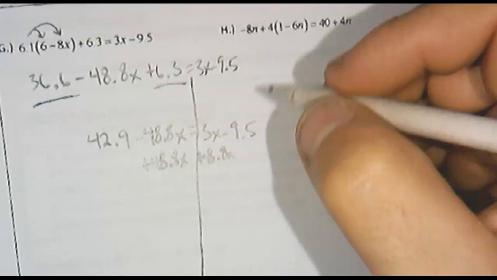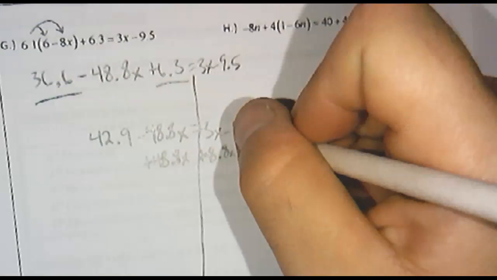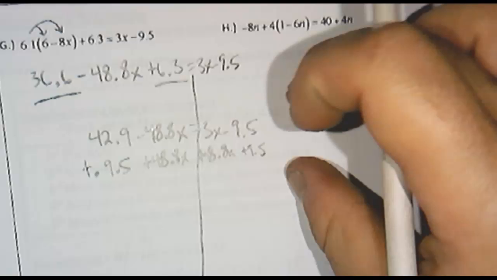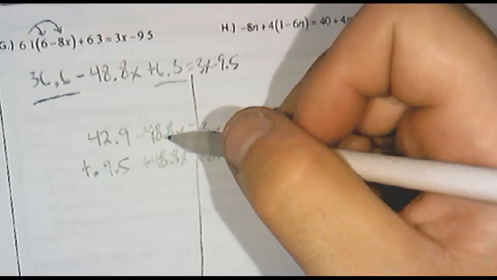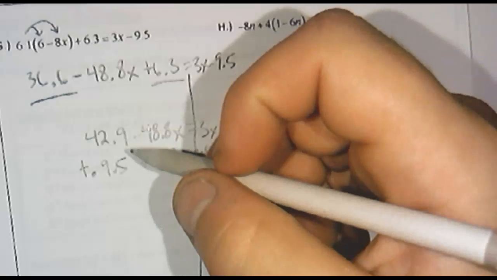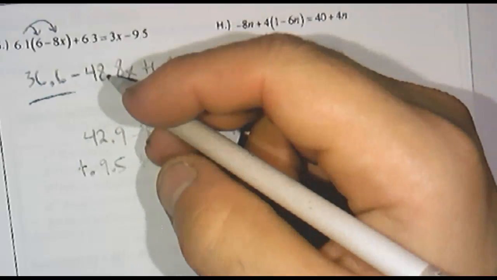In that same step, you could actually move the constant to the other side, so you could save a step and add the 9.5 at the same spot that you add the 48.8x. So 42.9 plus 9.5, that's what is that, 52.4.